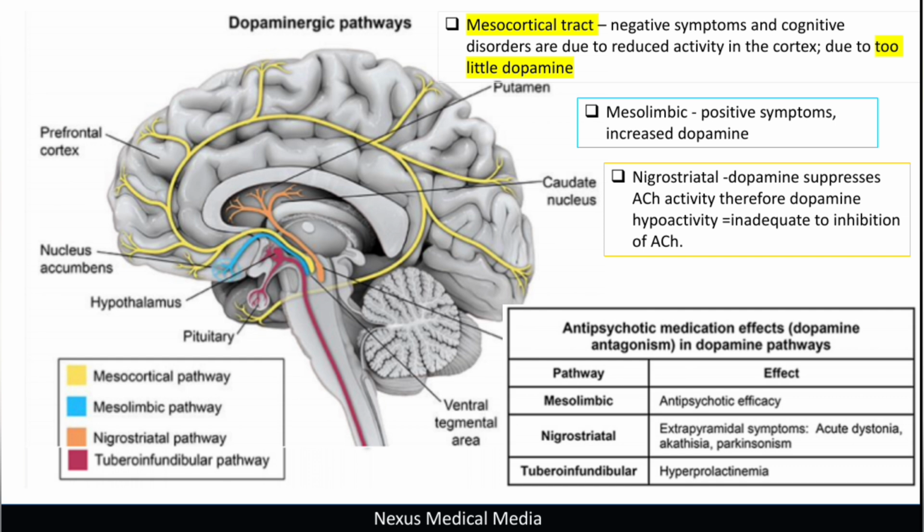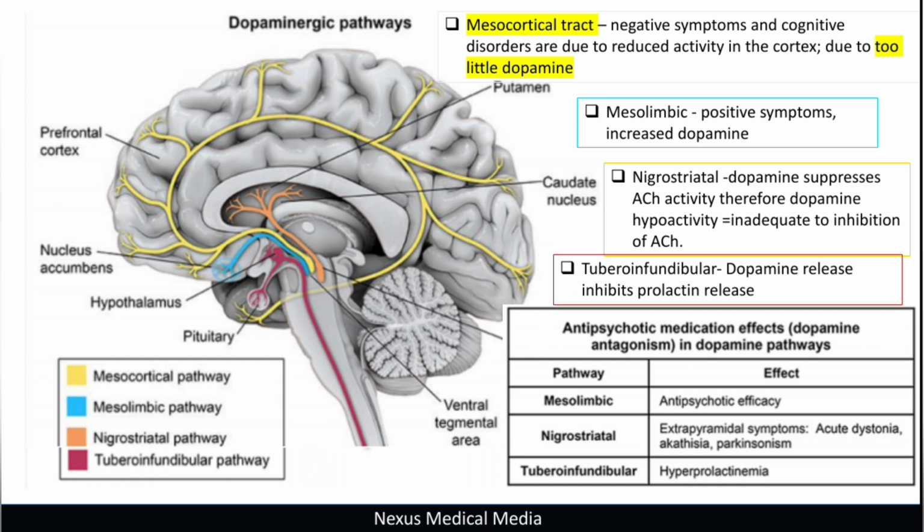It means there will be inadequate inhibition of acetylcholine. And what will happen if you treat with antipsychotic is that there will be extrapyramidal symptoms like acute dystonia, ataxia, akathisia, and thus Parkinsonism in general.